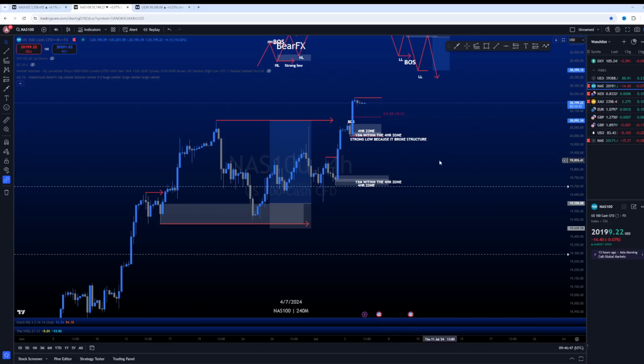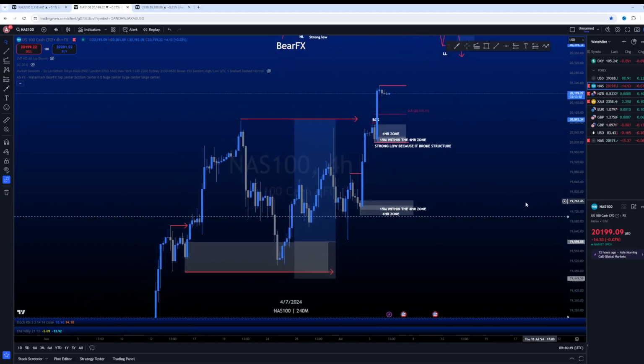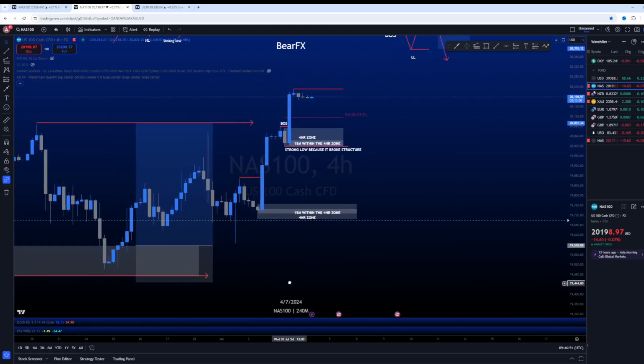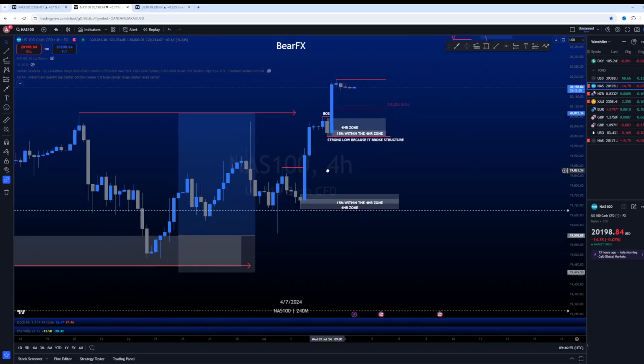Now, why are we looking at these zones particularly? Basically, because when you see a massive push like this, it means the institutions have got in the markets. They're the ones that move the markets, right? We are just trying to piggyback and take our piece of the pie, but they're the ones that move markets.